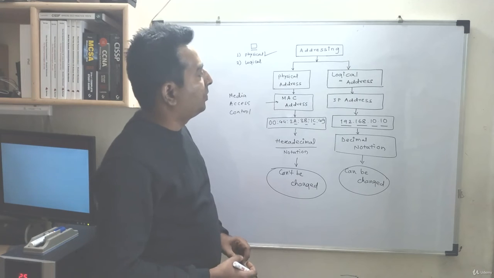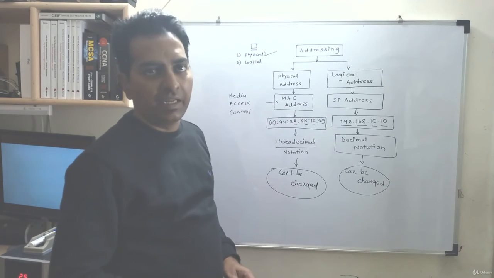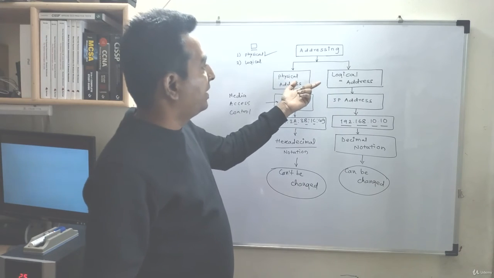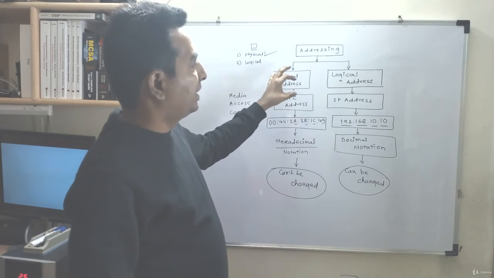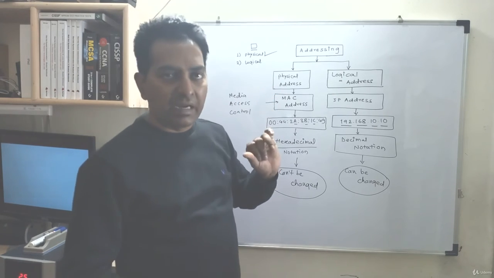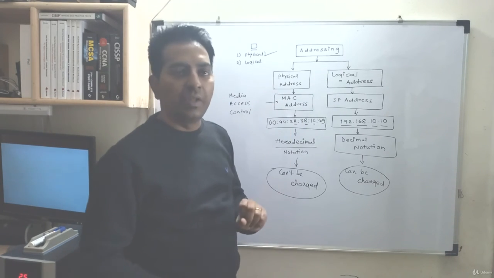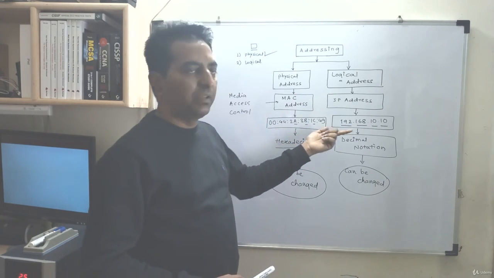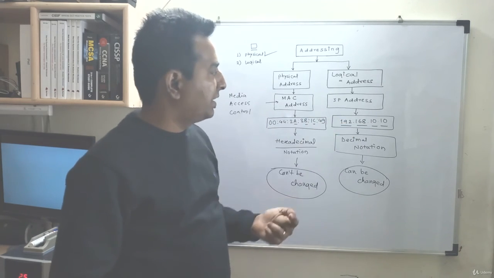I hope you got a clear understanding that addressing is of two types: physical addressing and logical addressing. Physical addressing is known as MAC address, logical address is known as IP address. These are examples of a MAC address and an IP address.